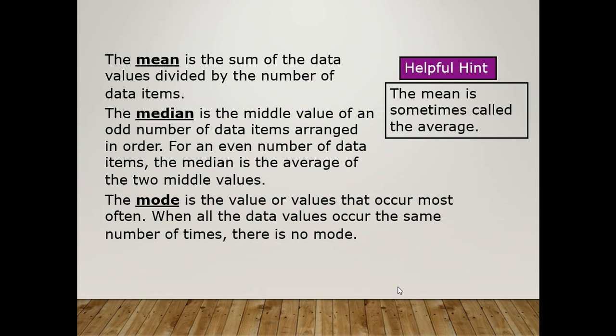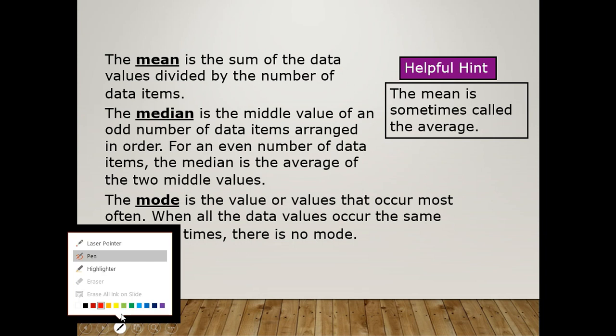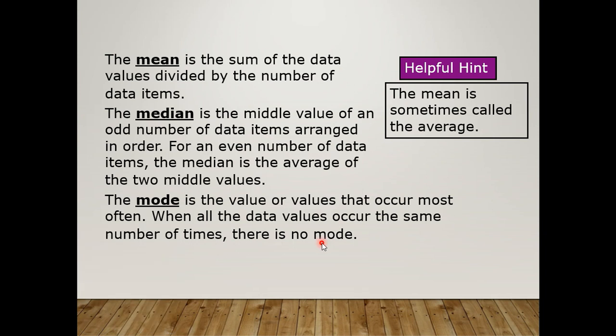Unang-una is yung tinatawag natin na no mode. Tinatawag natin siya na no mode kapag pare-pareho lang ng frequency yung data natin. Pag pare-pareho ng frequency, ang isasagot natin na classification for a mode is no mode.